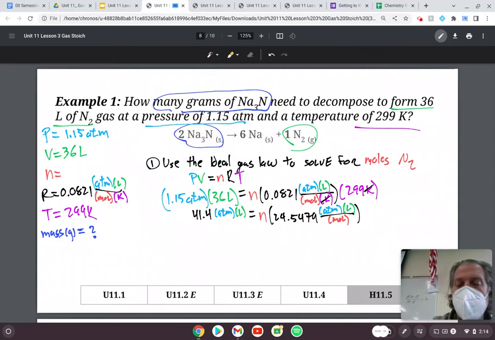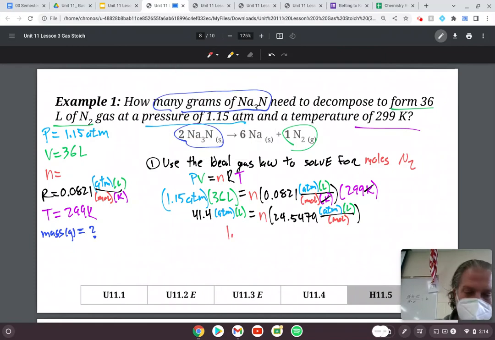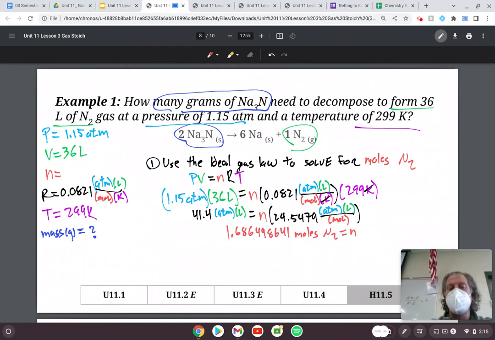Because we're still solving for n, we're going to divide 41.4 by 24.59, which gives me a value somewhere around 1.686498641, and that's going to be moles of N2. So that's step 1.